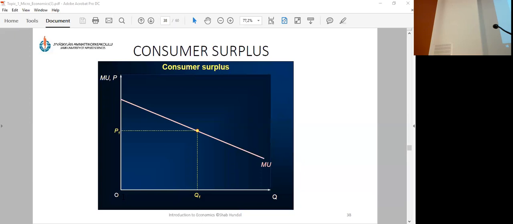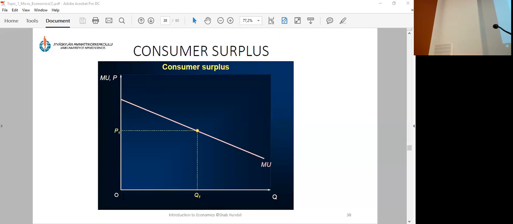So my argument is that to buy the OQ amount, you were even prepared to pay, let's say, EP1. So this whole geometrical picture, OQEP1, is what you are willing to give away to acquire OQ amount of goods or service, whatever.